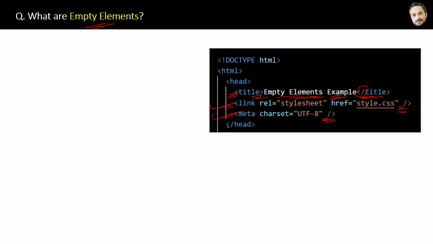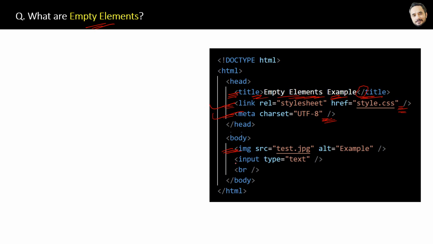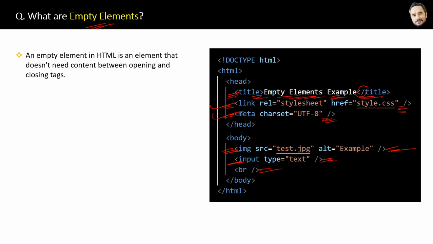Empty elements. Other than link and meta, elements in body like image, input, break are also empty elements. The conclusion is an empty element is an HTML element that does not need content between opening and closing tags, okay? And it does not have a separate closing tag. For example, the title element needs content, but image does not.